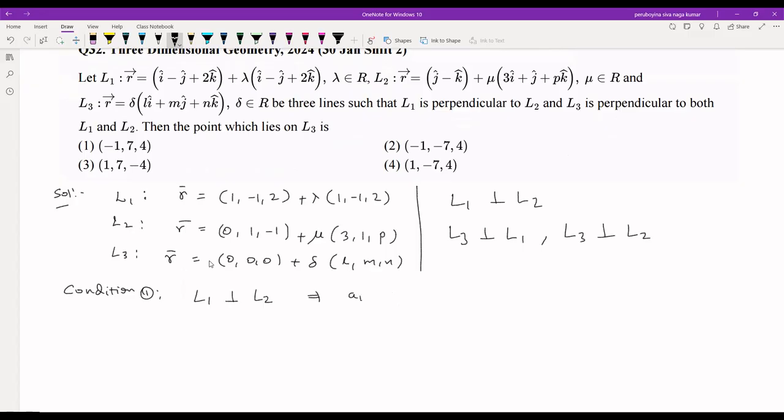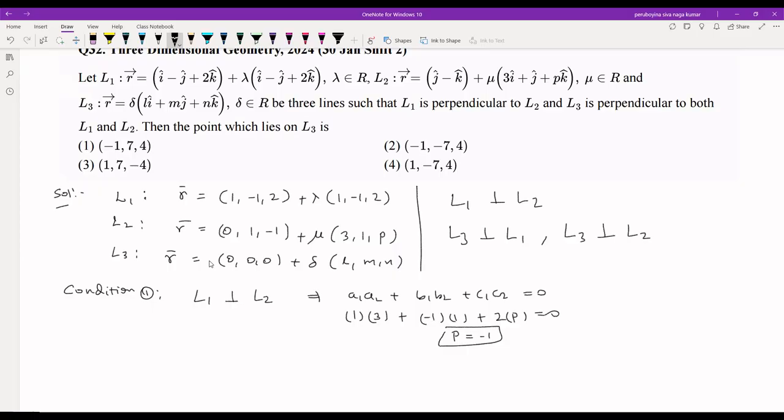That means A1A2 plus B1B2 plus C1C2 should be 0. A1A2 means 1 into 3. Take a look at the DRs of L1 and L2 only. And 2 into P equals 0. 3 minus 1 plus 2P equals 0, so the P value is minus 1.